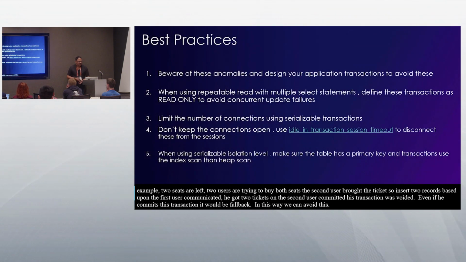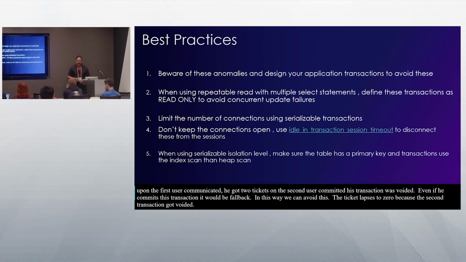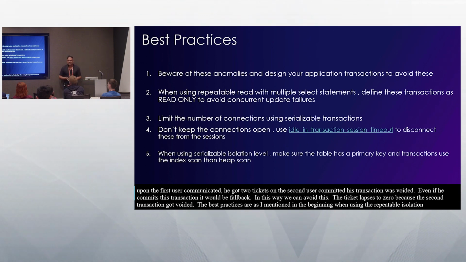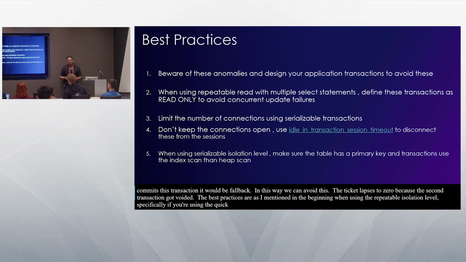Okay? So the best practices are to be aware of these anomalies and design your application, as I mentioned in the beginning. When using the repeatable read isolation level, specifically if you are using reporting applications like Tableau or QuickSight, you can simply specify that application connection as read only.